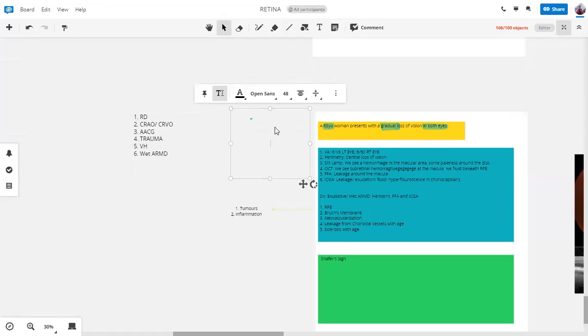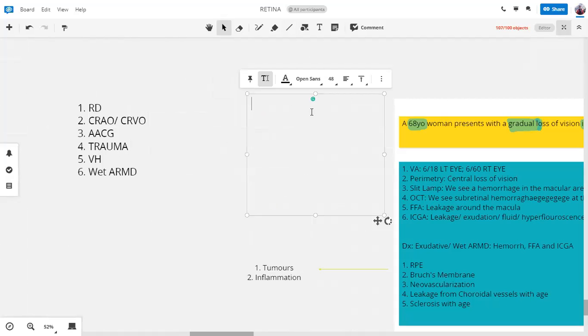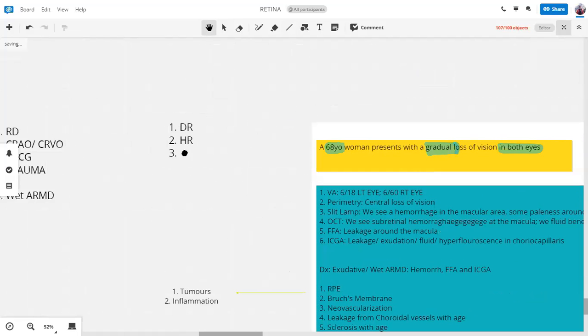Yes, diabetic retinopathy will come in our list of differentials. DR, HR, and chronic glaucoma. Which glaucoma? Open angle glaucoma.